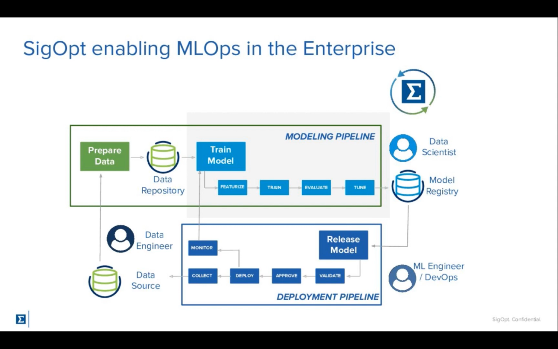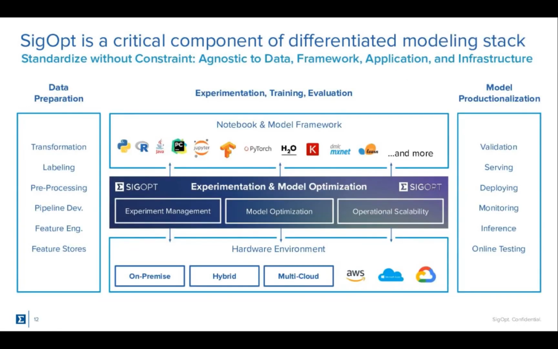And then as you get closer to an ideal model, maybe fire off a hyperparameter optimization tuning to get the best possible result. So that entire iterative lifecycle of the MLOps chain is really the modeling pipeline where the SigOpt solution is focused today, and offers you the ability to guide you in the decisioning as you build these models. So this is how it looks.